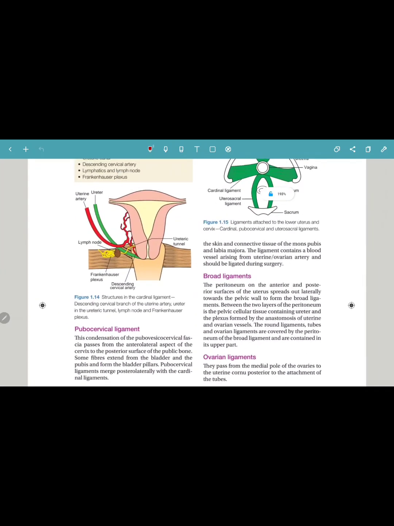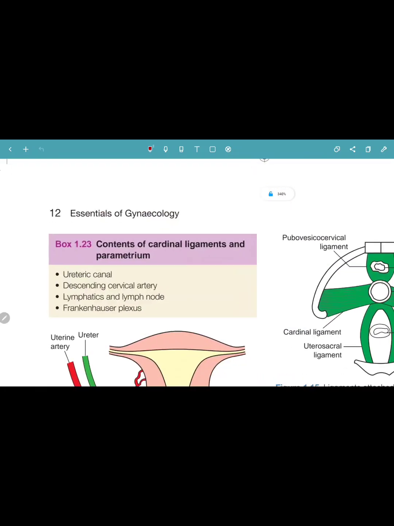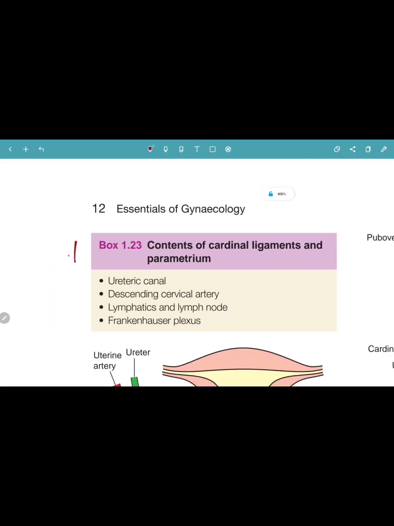So once again I'll briefly tell you about the contents of the cardinal ligaments, that is Mackenrodt's ligament, and the parametrium. First one is the ureteric canal, very, very important.